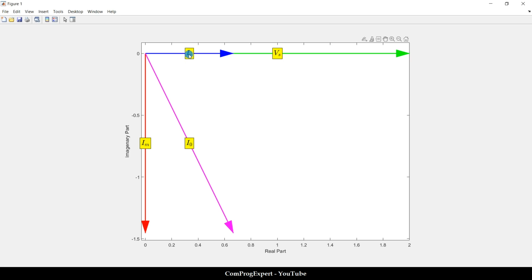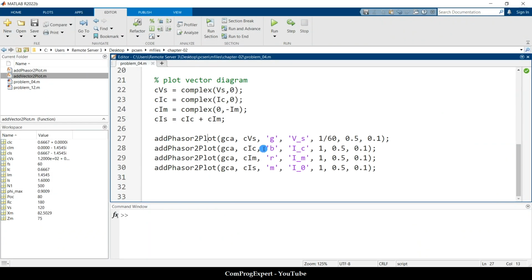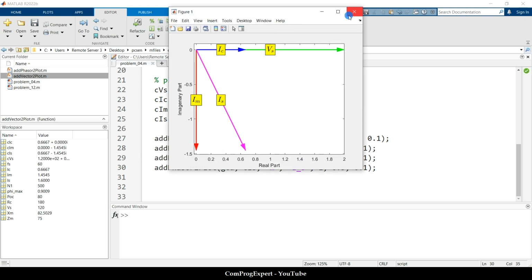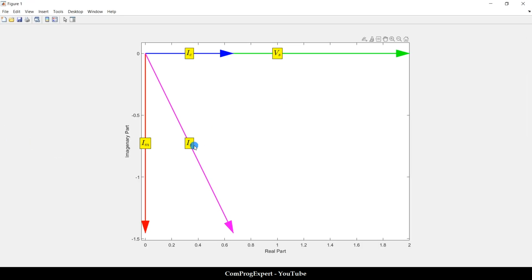The equivalent resistance core current is in the same phase as the voltage. The magnetizing current is 90 degrees behind the voltage, and this is the source current, Is, the name that we used for the source current.